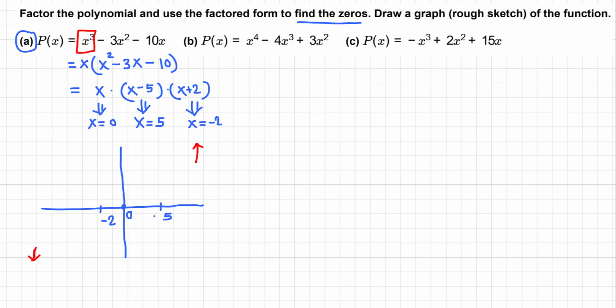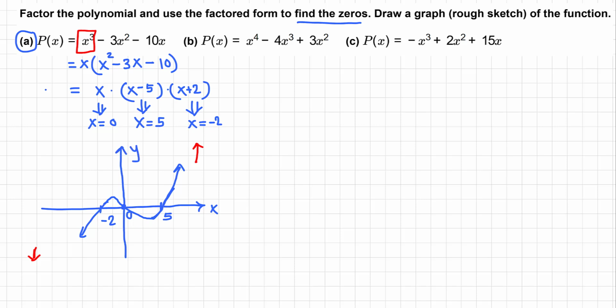So eventually the graph goes up from 5, and eventually it goes down from here, and in the middle it will be something like this. This is not exact, but eventually it decreases on the left, on the right it increases, and it intersects the x-axis, this is the y-axis, at negative 2, 0, and 5.